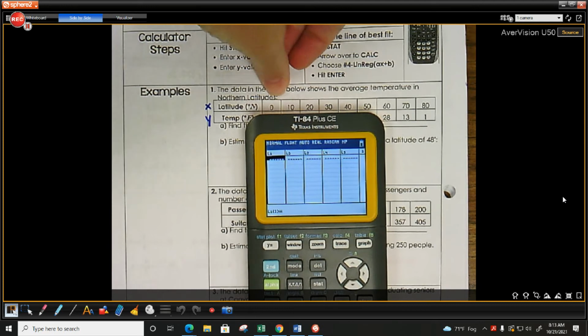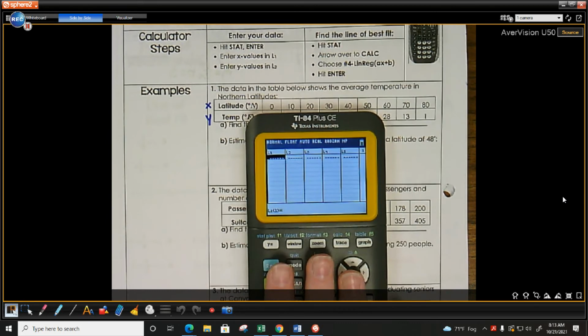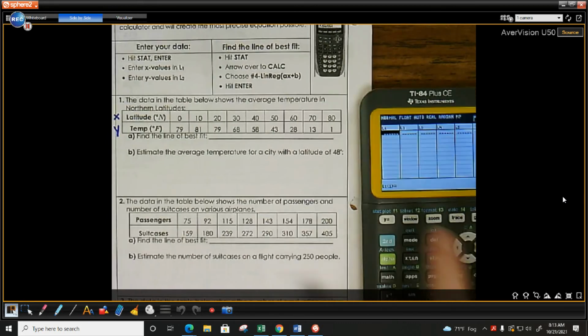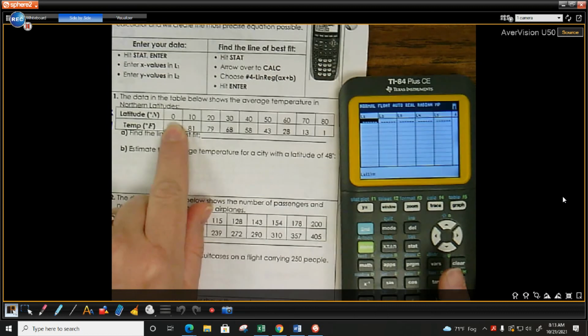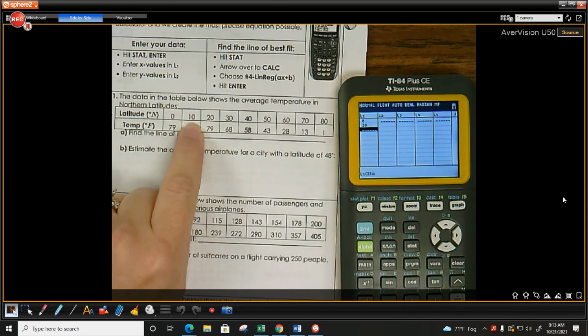If you type the data in wrong, you get the wrong answer. Put your calculator flat, so you only have to use one hand with it. Then use your other hand as a pointer to type in 0, enter, 10, enter. Go through, move your finger, hit enter after each X value.